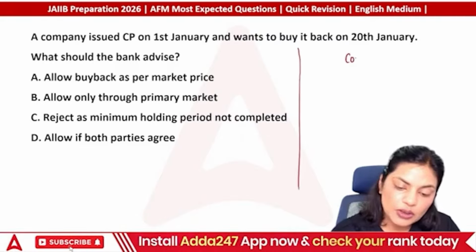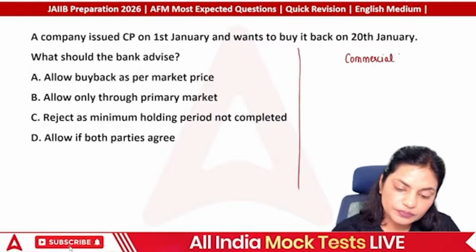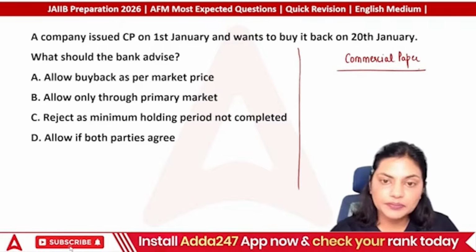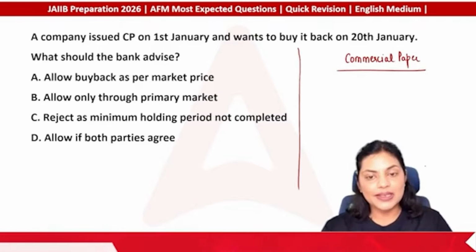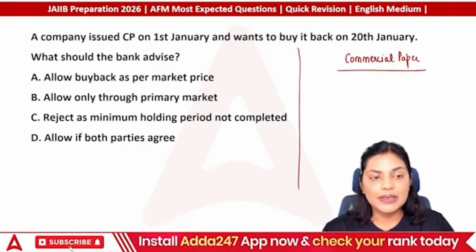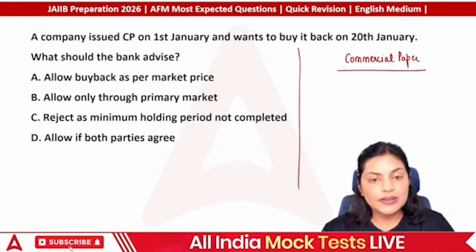Now, if we talk about commercial paper, what are commercial papers? Commercial papers are the debt instruments, correct? Basically a kind of debt instrument which helps the organization to raise debt.